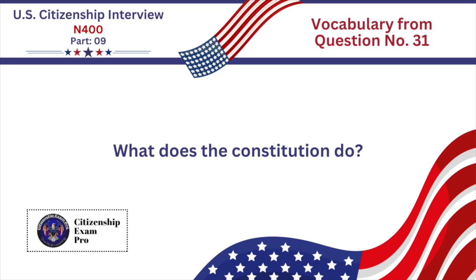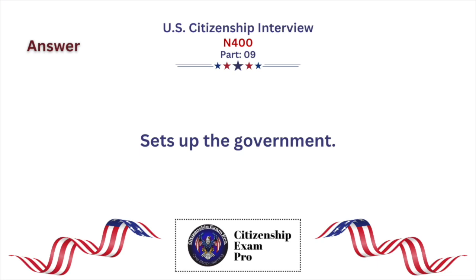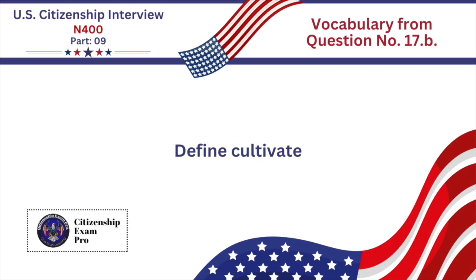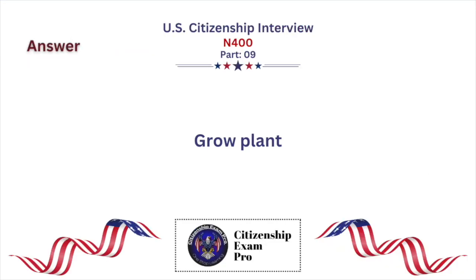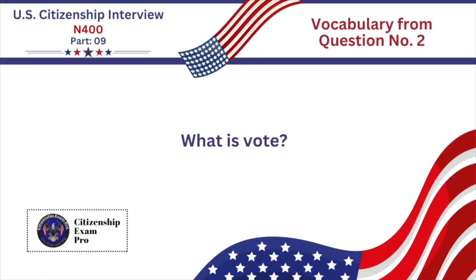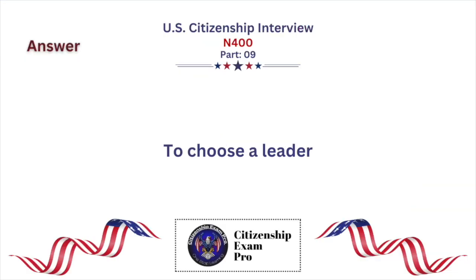What does the Constitution do? Sets up the government. Define, cultivate. Grow plant. What is vote? To choose a leader.